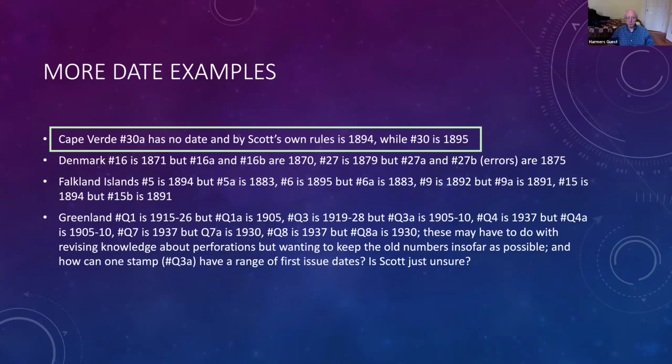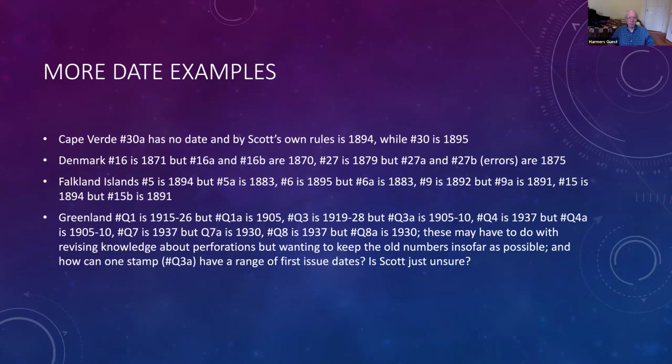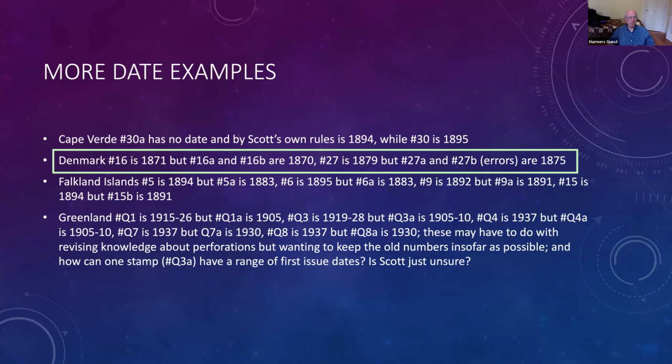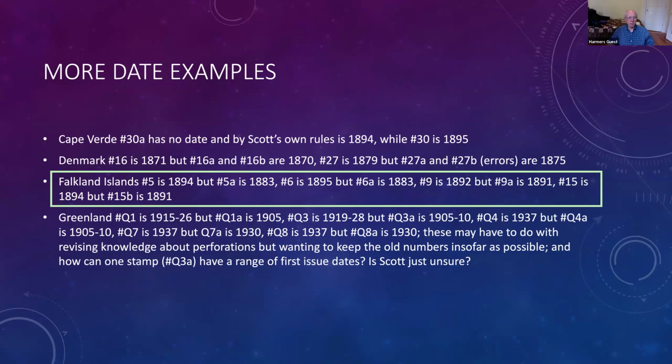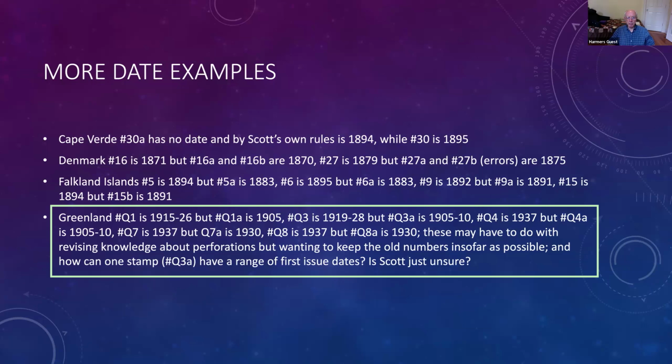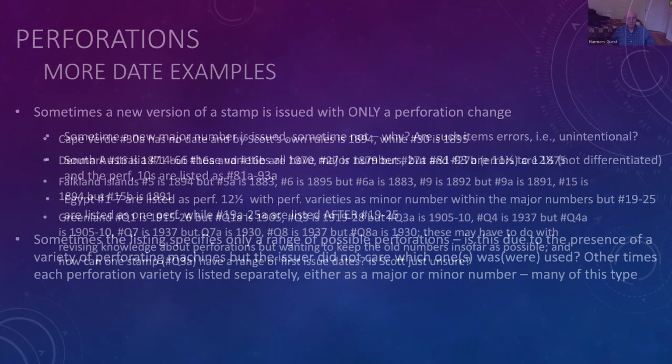So it's one of these problems. And you have Denmark, Falkland Islands, and these Greenland. The Greenland is really an incredible mess. I won't even go into the details of this. Greenland originally, of course, in the older albums and the catalogs, was just Q1 through 8, but then they had all these perforation varieties. And it's very mixed up now.